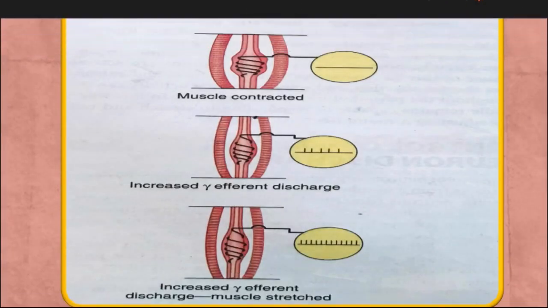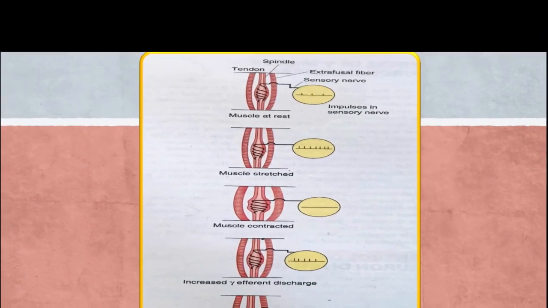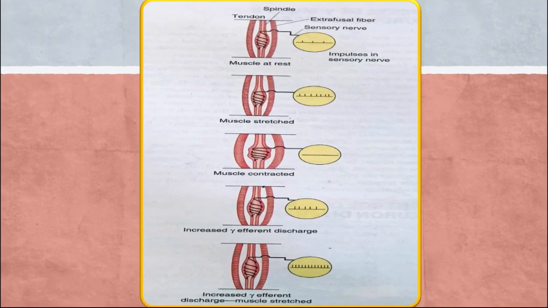So, when the muscle spindle is stretched, its sensory endings will get distorted, right. Its sensory endings will get distorted, and the receptor potential will be generated, and it will generate the action potential, this wave.